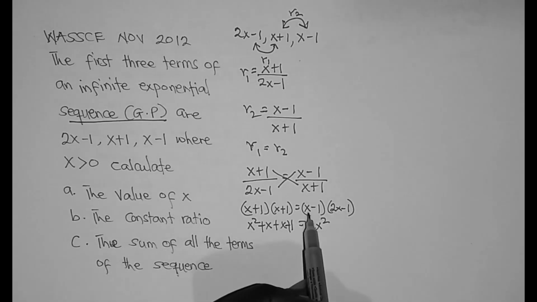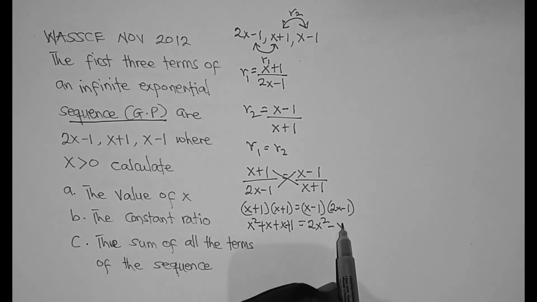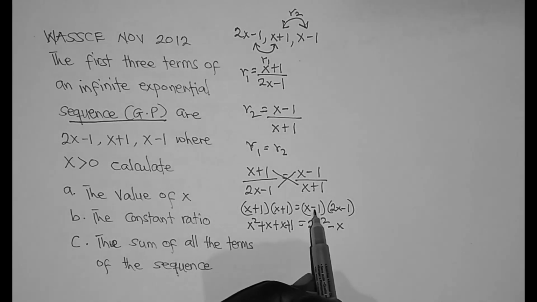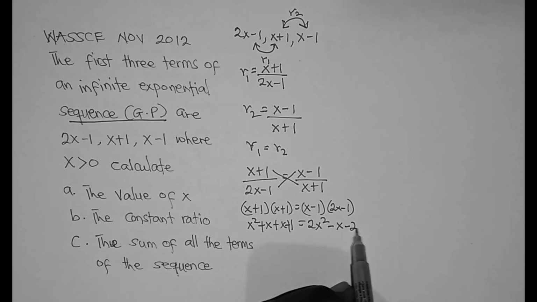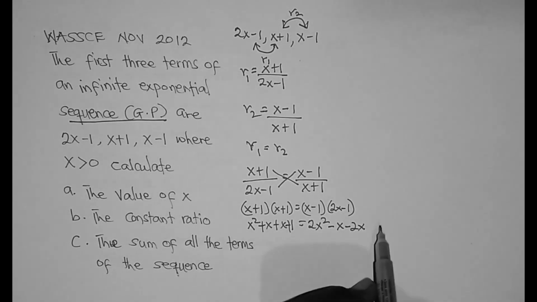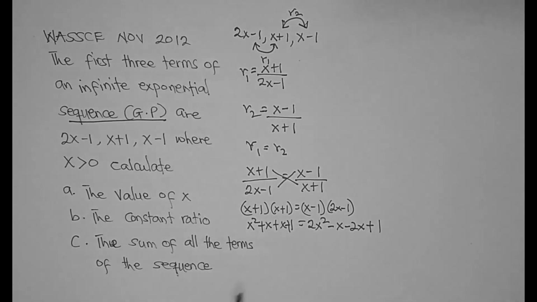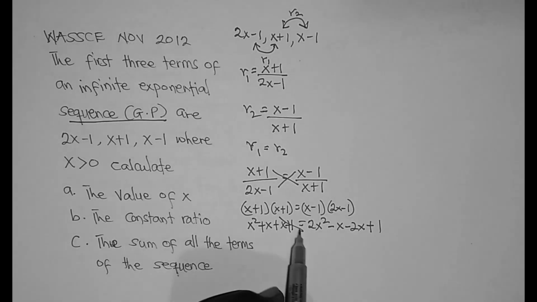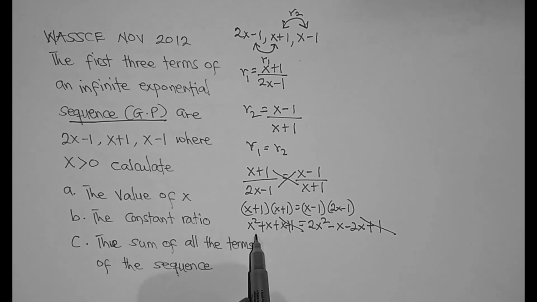Then x times minus 1 is minus x. Minus 1 times 2x is minus 2x. And minus 1 times minus 1 equals plus 1. So that plus 1 can cancel out on both sides. So x squared, then x plus x is 2x equals 2x squared.